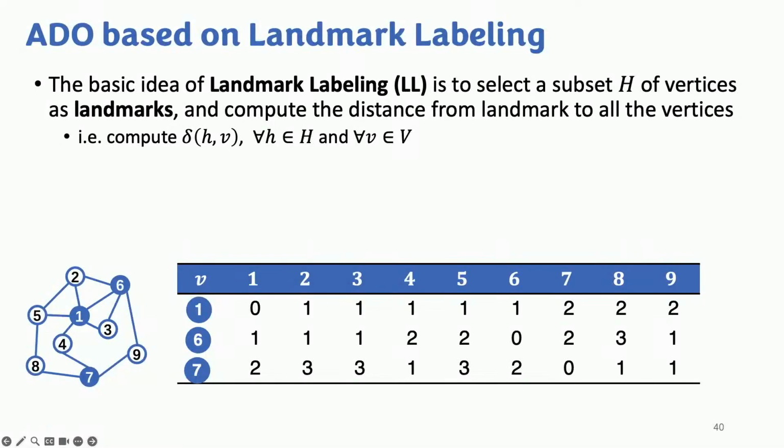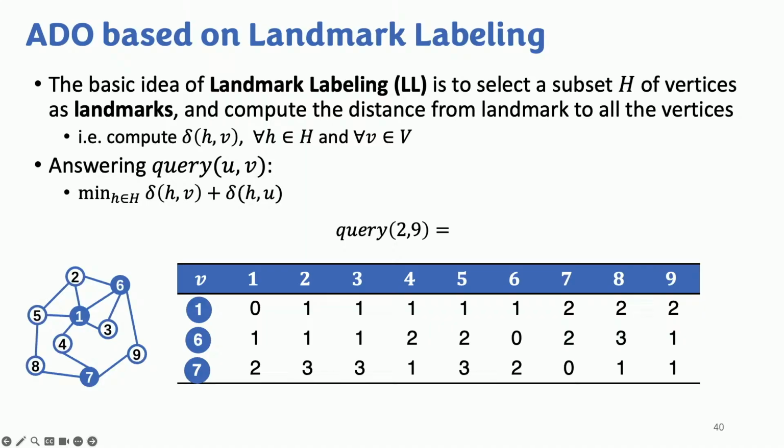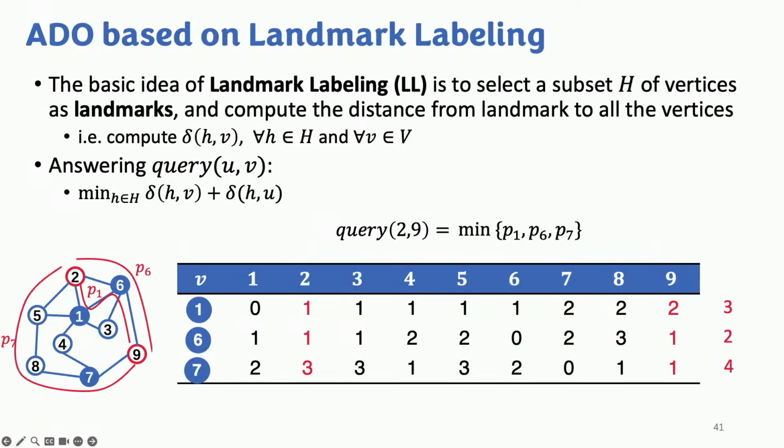For example, we select 1, 6, and 7 as landmarks and pre-compute their distances to all the vertices and store them in the table. When answering the query for the shortest distance between two vertices u and v, such as 2 and 9, we will compute the shortest distance going through any landmarks and take the minimum one as the result.